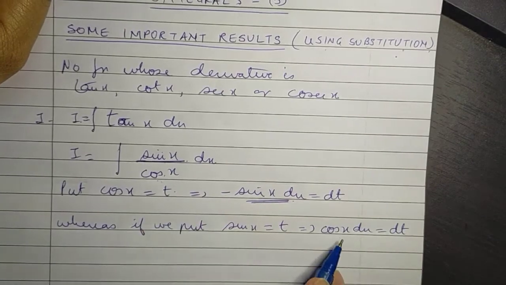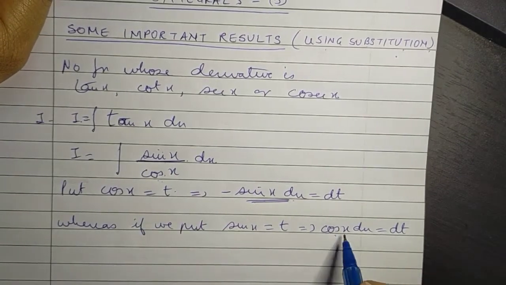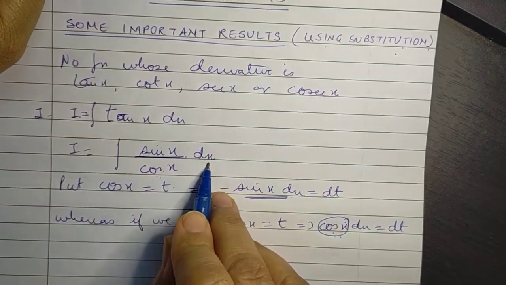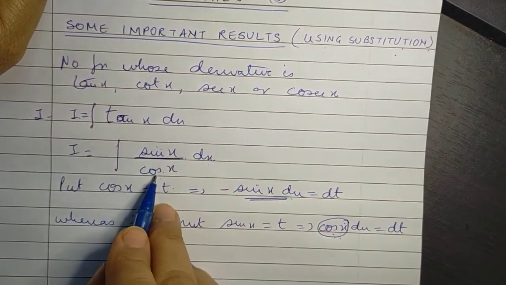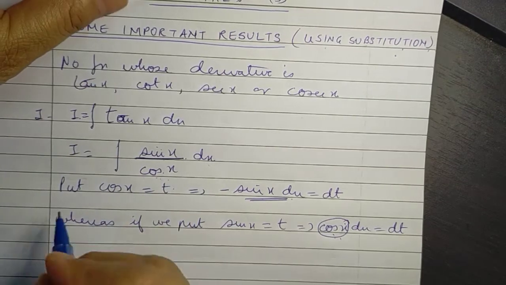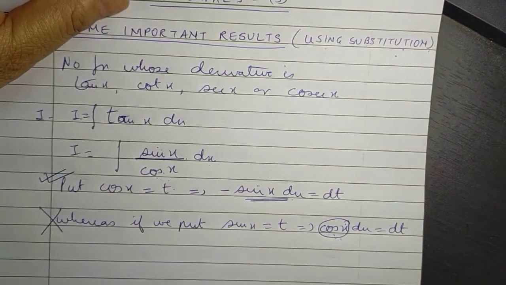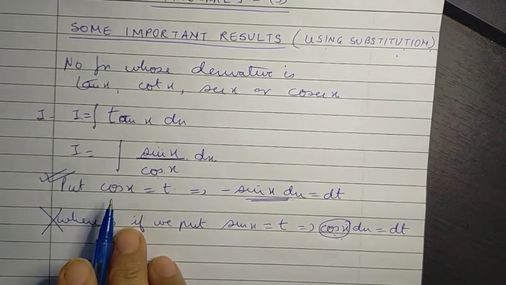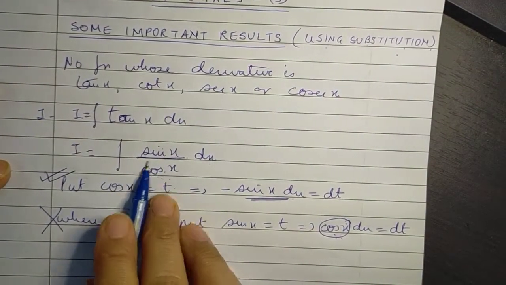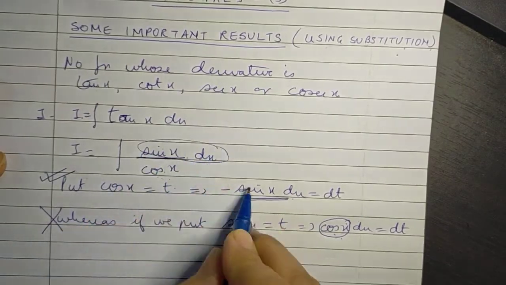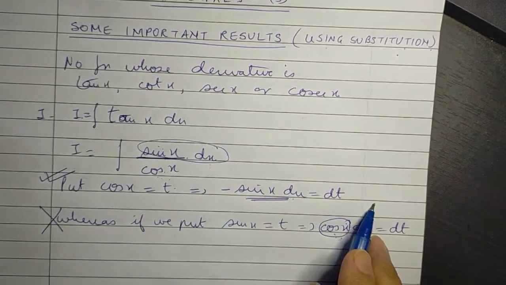Though its derivative is present, what we observe is that cos x comes in product with dx, whereas in this function cos x is in the denominator. So this is not the correct choice. This one is the correct choice: we will assume cos x as t, so that the derivative, sin x dx, gets absorbed in dt.